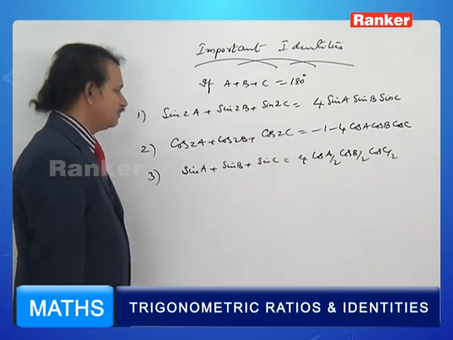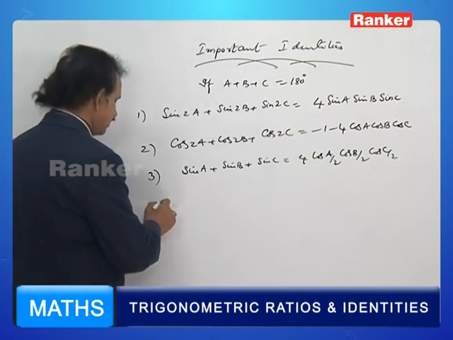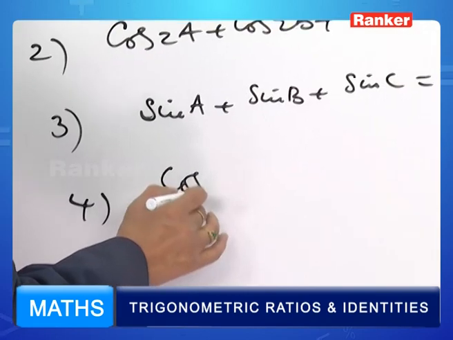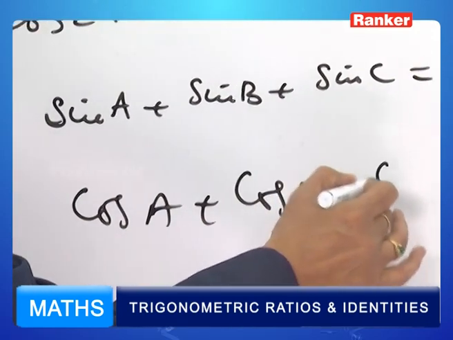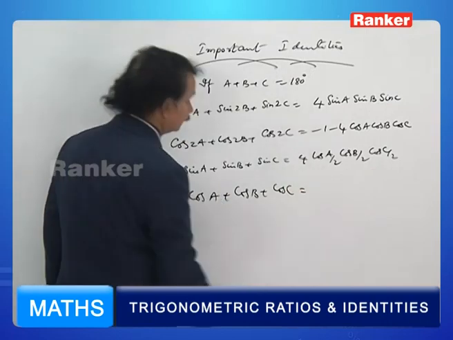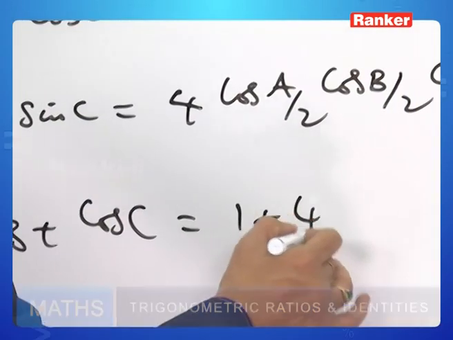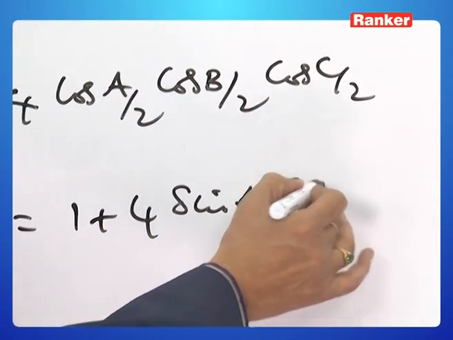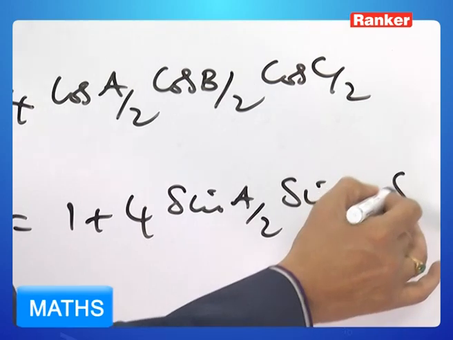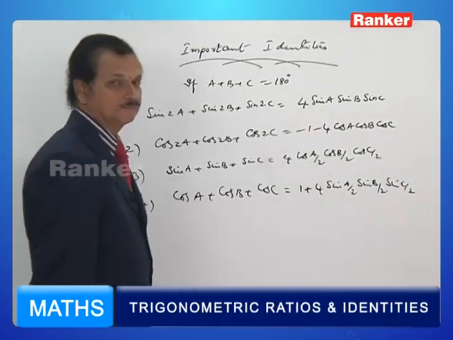Okay, sin A plus sin B plus sin C is equal to 4 cos A by 2 cos B by 2 cos C by 2, and cos A plus cos B plus cos C is equal to 1 plus 4 sin A by 2 sin B by 2 sin C by 2. You observe the difference between these two.